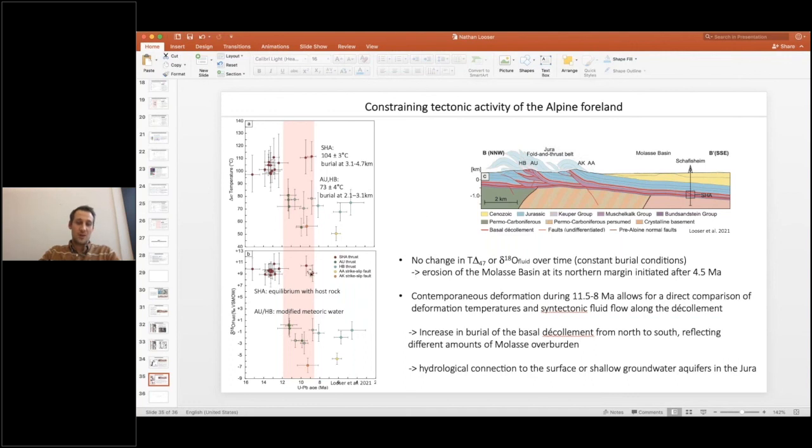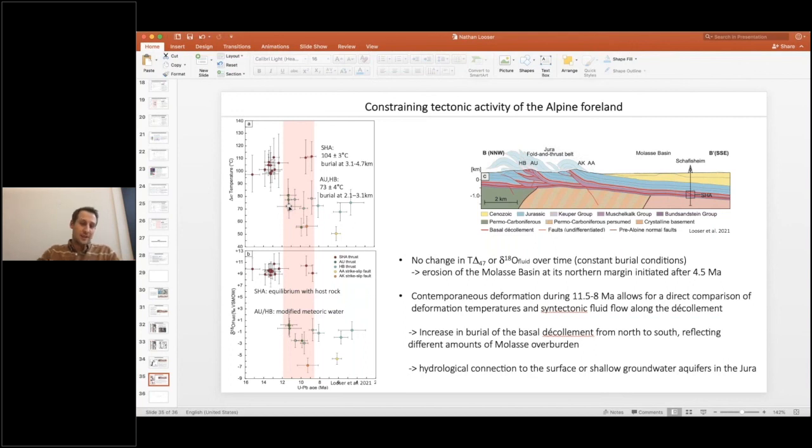Okay, so the cool thing here is that during the time period of roughly 12 million years and 9 million years, we have thrusting taking place at Schafisheim and in the Jura Mountains. That means we can now compare the burial conditions during the deformation in these two regions.